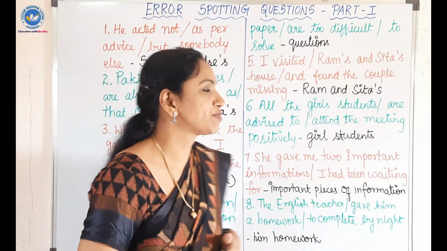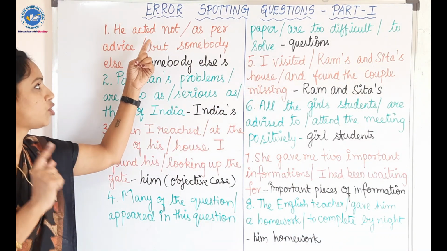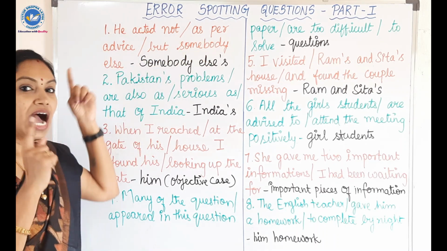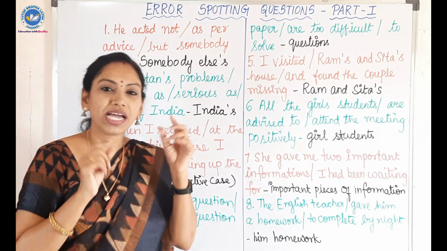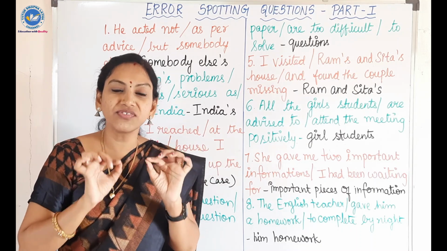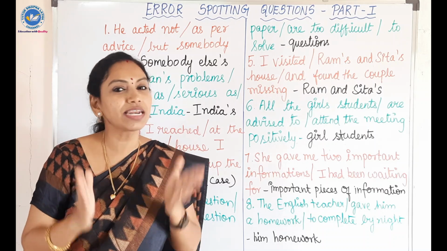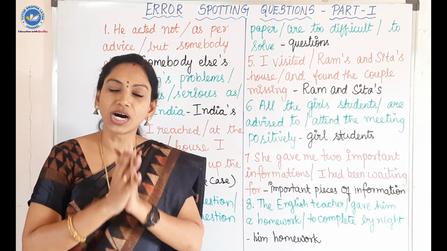First question for you. He acted not as per advice, but somebody else. Advice, I told you, there are two types: A-D-V-I-C-E is a noun, and A-D-V-I-S-E is a verb.